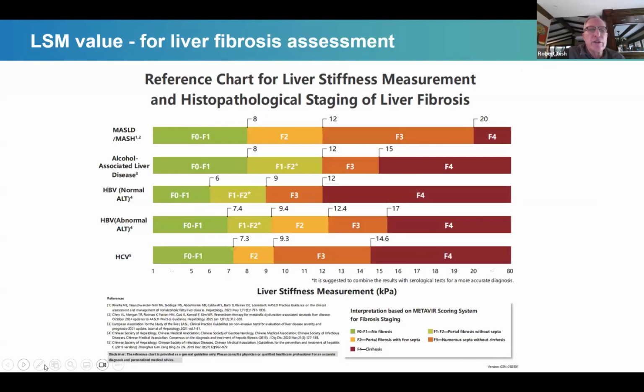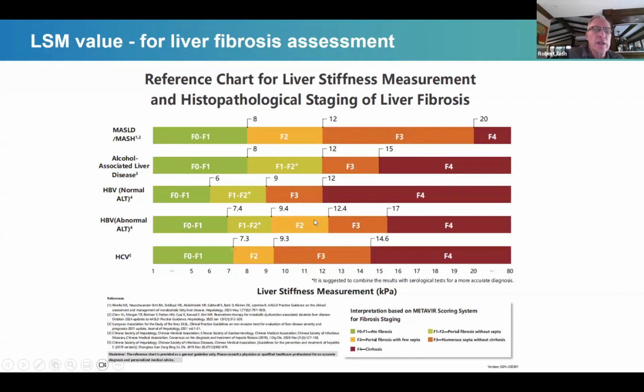Give you a little bit more information. Things do move a little bit depending on what your liver disease is. So for fatty liver, you've got the upper score, alcohol-associated liver disease. You may have a cutoff at 15 instead of 20. One of the reasons for this is that attenuation, the higher the fat content, has a tendency to overread liver stiffness. So there's a correction factor that goes into this, establishing these ranges in different patient populations, including hepatitis B with normal ALT and abnormal ALT.